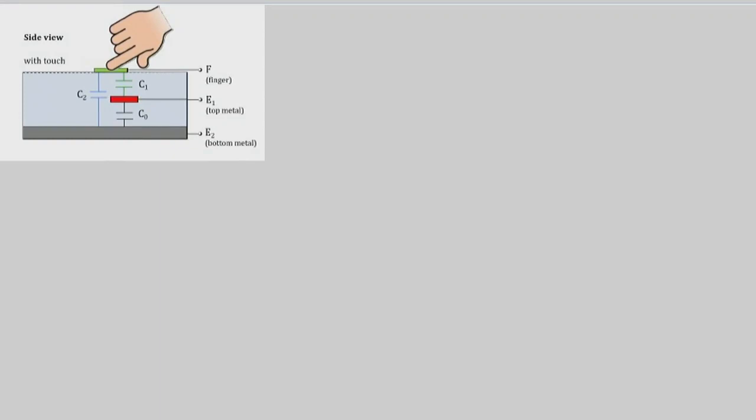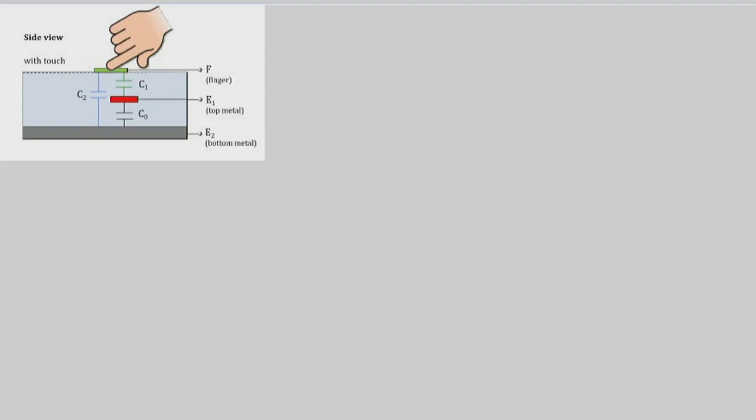First, let's look at the equivalent circuit. How does the circuit look? As I said, we have two capacitors that are formed only when there is touch, which are C1 and C2. C0 is always there. This comes from the manufacturers.